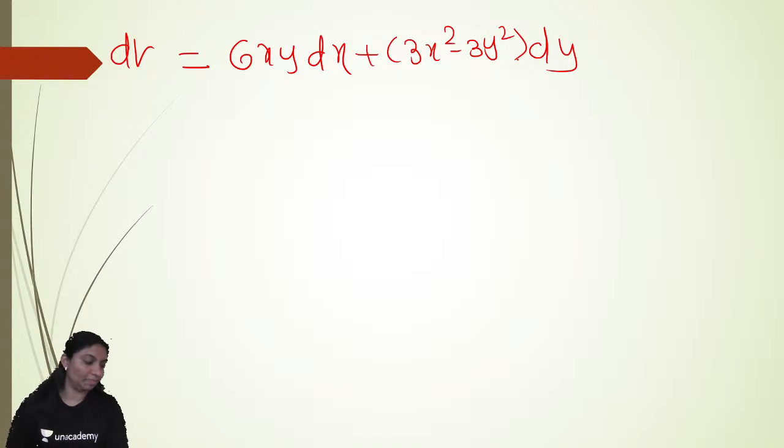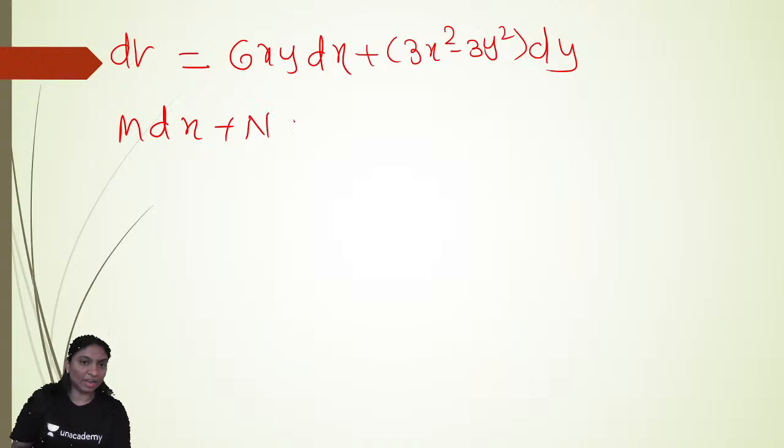This is dv. So dv is nothing but an exact function. So you will get v, it is nothing but the Mdx plus Ndy form.